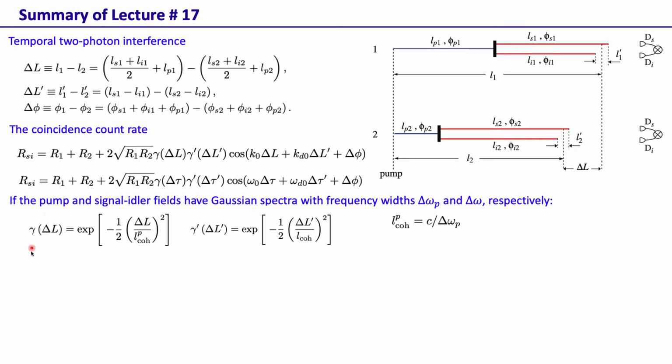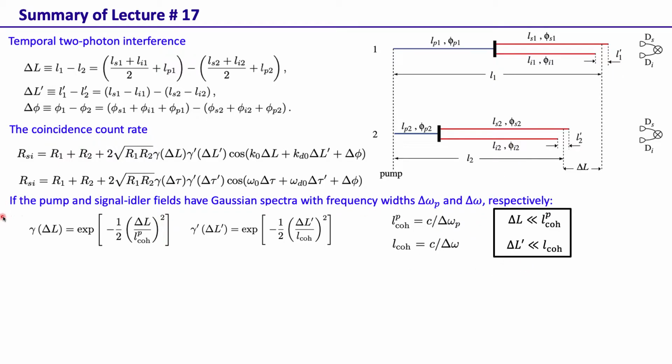For a Gaussian, it's easy to define the width, and for such a Gaussian function we saw that this is the coherence length corresponding to gamma, and similarly this is the coherence length corresponding to gamma prime. The first coherence length is essentially the coherence length of the pump, while the width of the gamma prime function is calculated from the frequency bandwidth of the signal and idler fields.